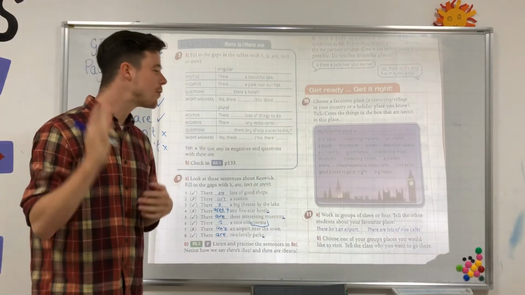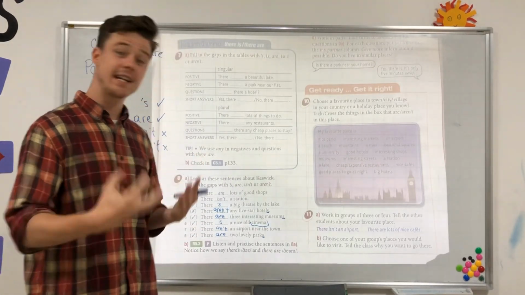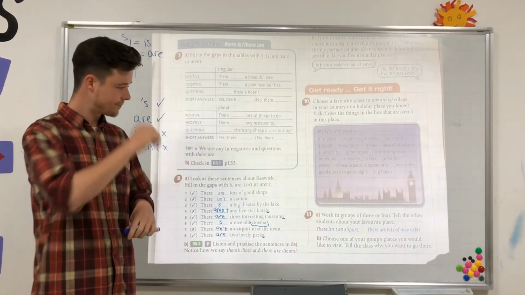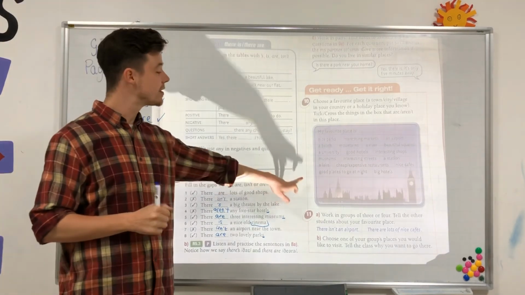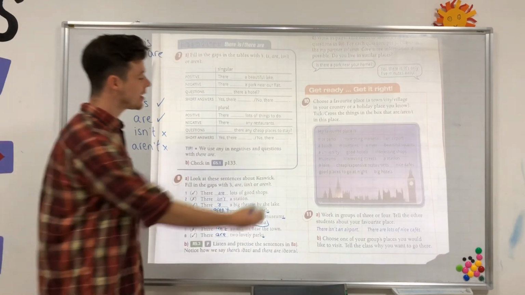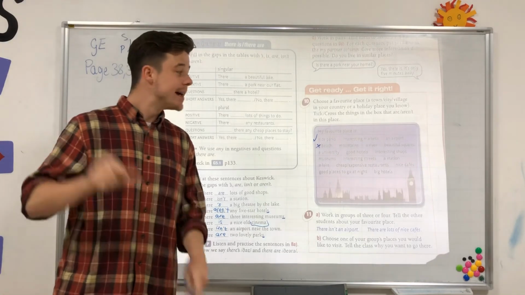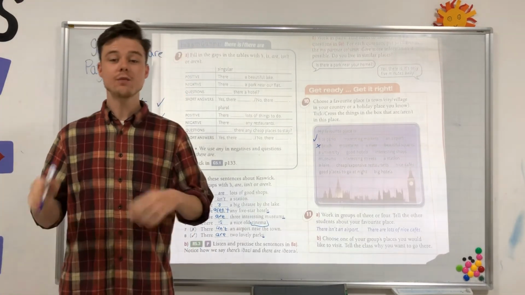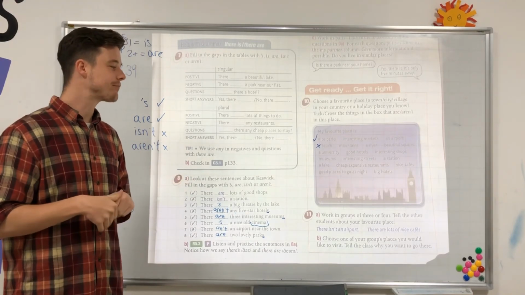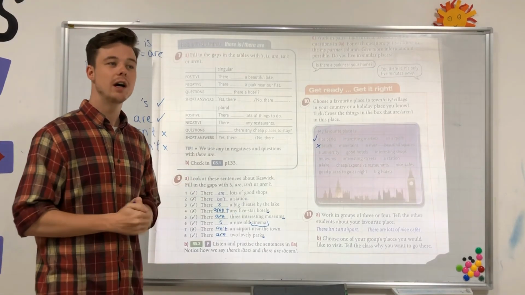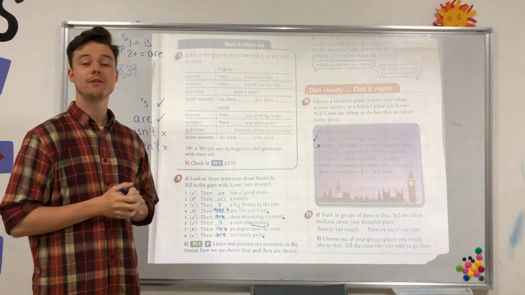So I want you to look at all of these things that we find in places. It says put a tick or a cross. So first, put a tick or a cross next to the words. Secondly, I want you to prepare something so you can talk for, let's say, 1 minute to me about your favourite place.